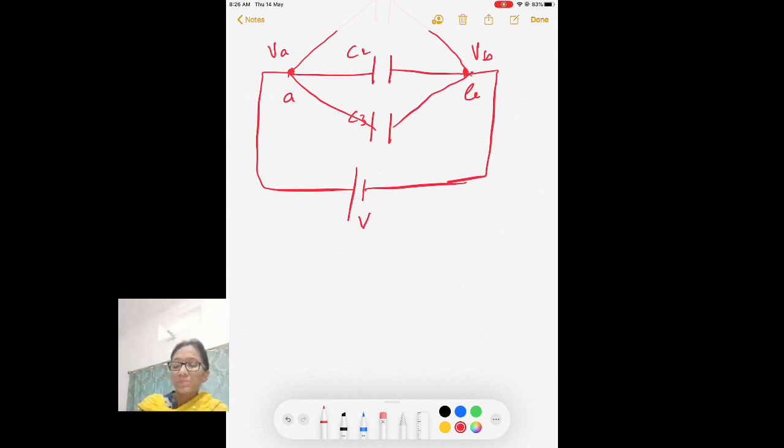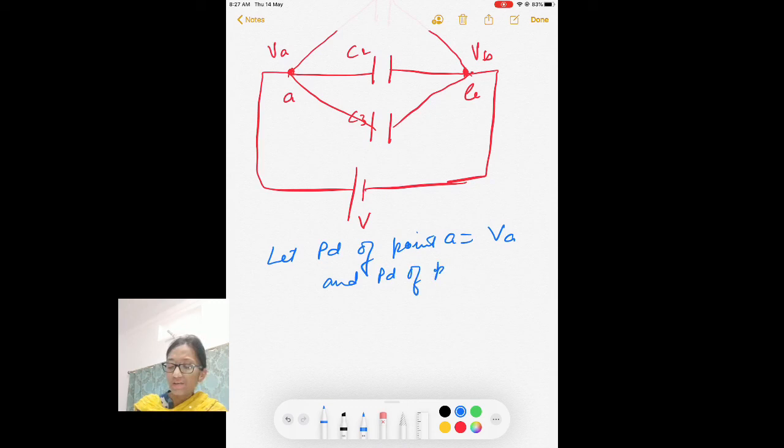Since you can see that all these are in parallel, let the potential of point A be equal to VA and the potential of point B be equal to VB.